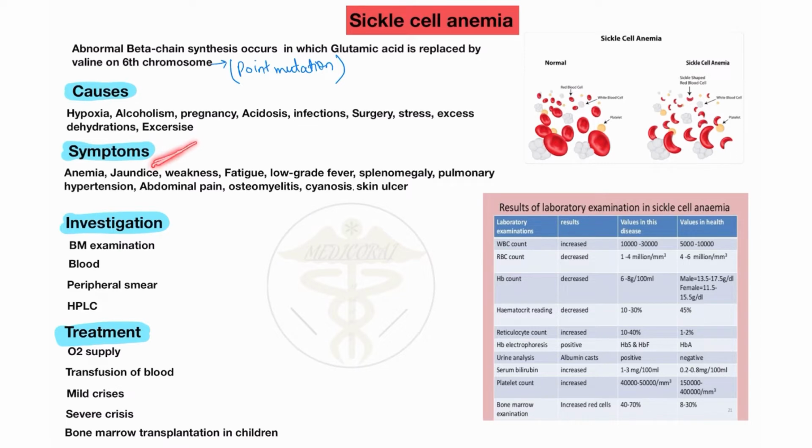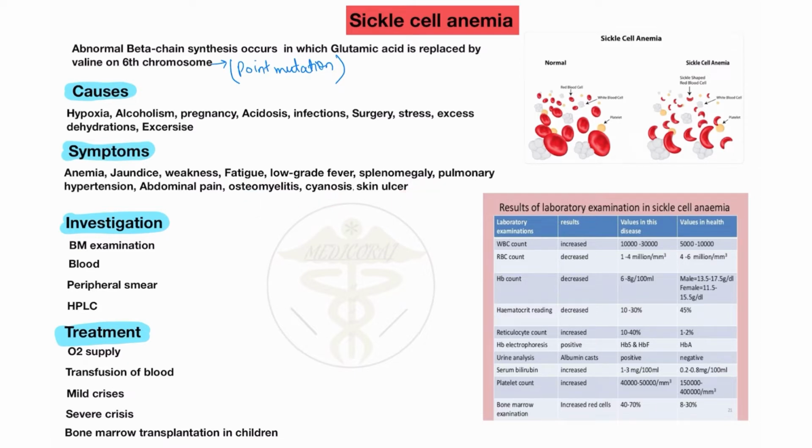Symptoms you will see in a sickle cell anemia patient: anemia, meaning decrease of hemoglobin and RBC level, jaundice, weakness, fatigue and low grade fever. Low grade fever is the most characteristic. Splenomegaly also occurs, pulmonary hypertension, abdominal pain, osteomyelitis, cyanosis and skin ulcer.